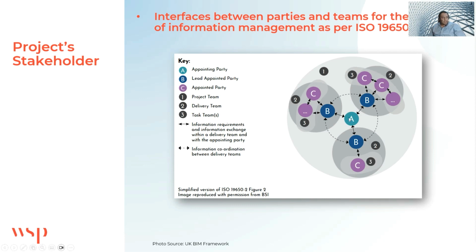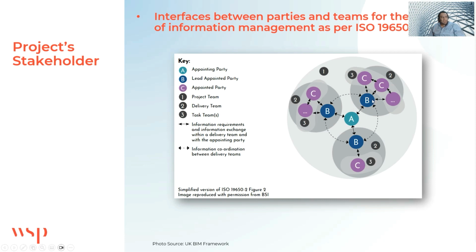And for the client, when they bring a delivery team, which is a consultant or a contractor, this is where they appoint a party. And this relation here is the appointment. As an appointing party, they appoint the lead appointed party.